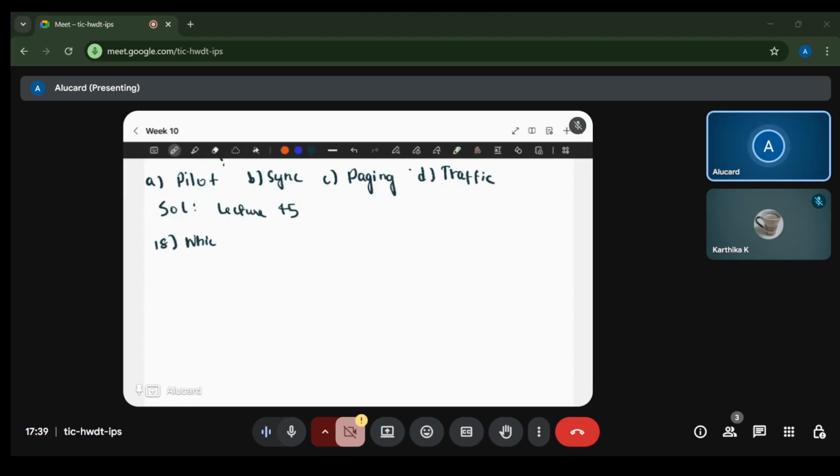Question 18. Which of the following is a difference between WCDMA and CDMA 2000?